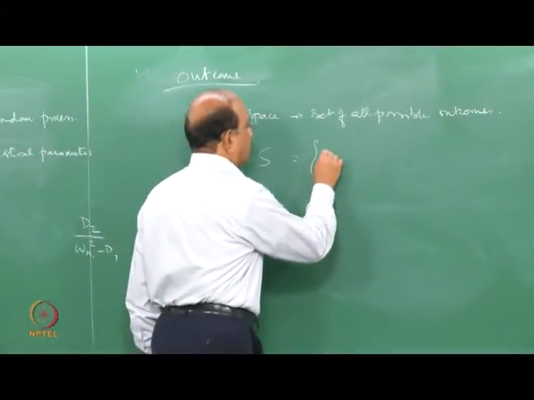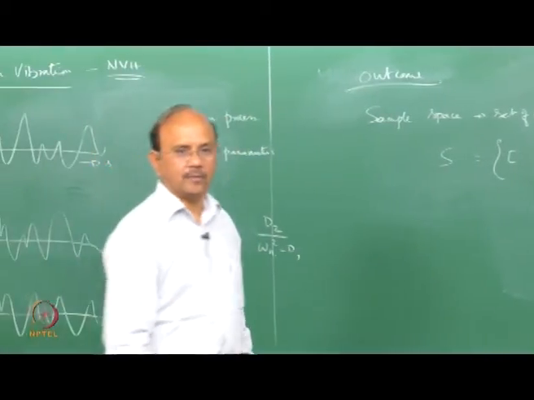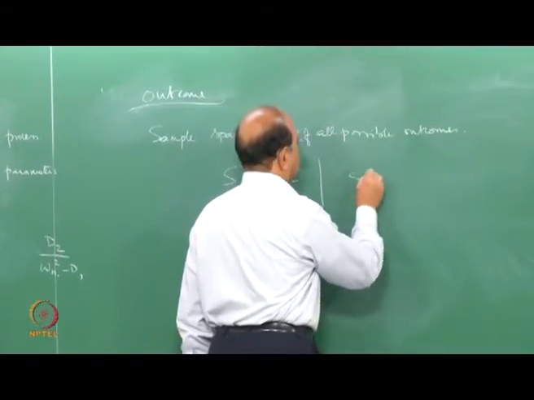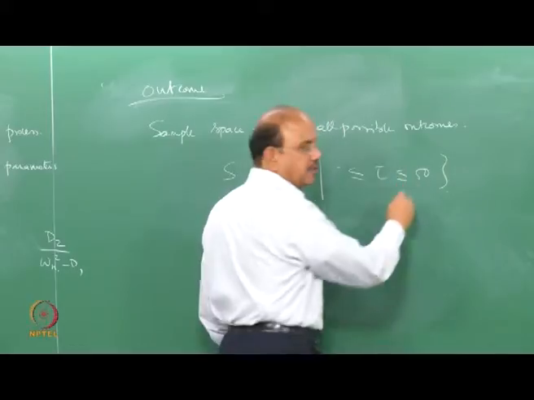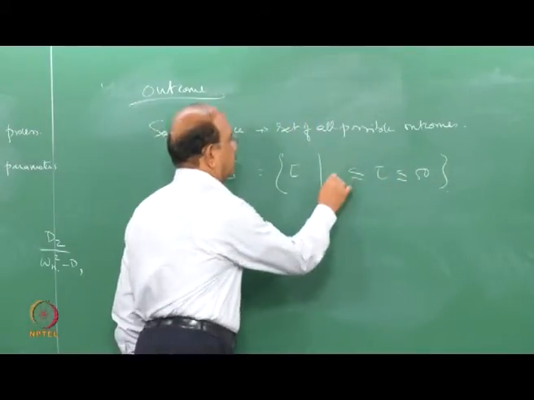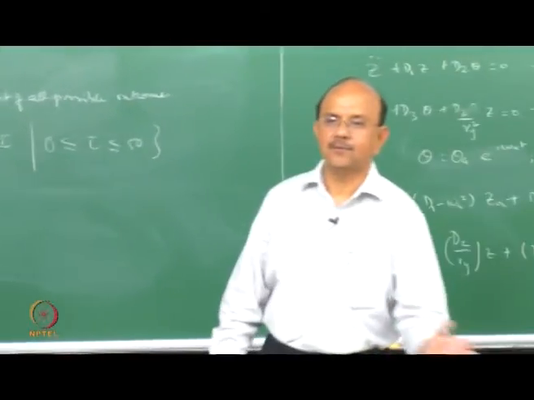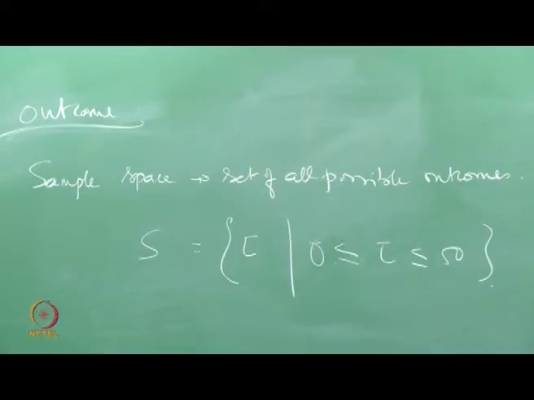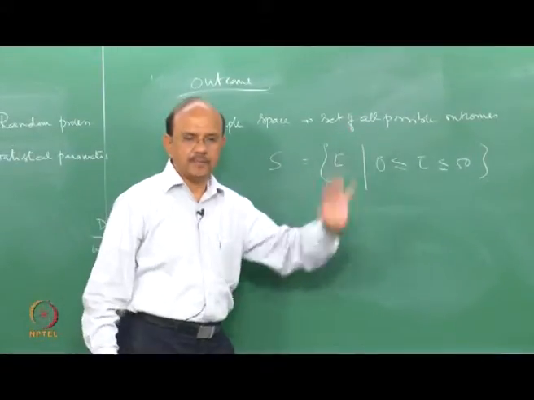The sample space now consists of all possible outcomes tau, where tau is, assuming that the students don't come before the start of the class, which has never happened, 0 to 50. So this is actually the sample space. This is a continuous sample space.